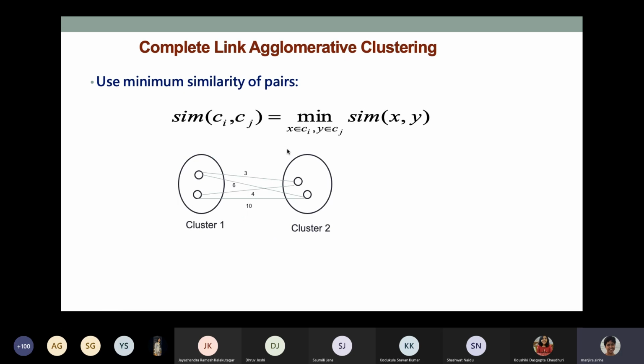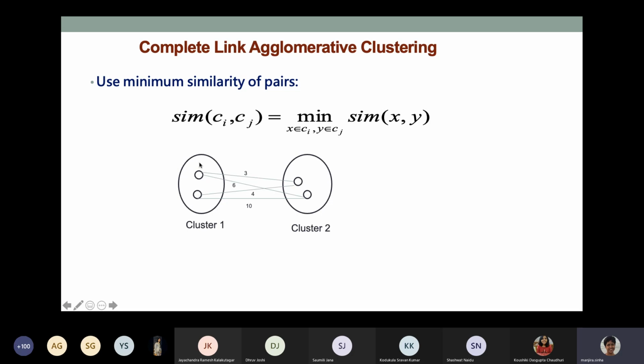What the complete link approach says is that we consider the similarity between the two clusters based on the farthest pair of nodes across the two clusters. So how do I determine the similarity between two clusters Ci and Cj? It is the minimum of the similarities of x and y, where x belongs to cluster Ci and y belongs to cluster Cj.